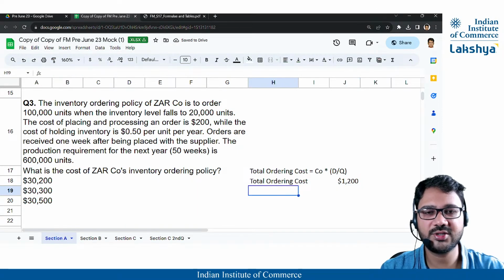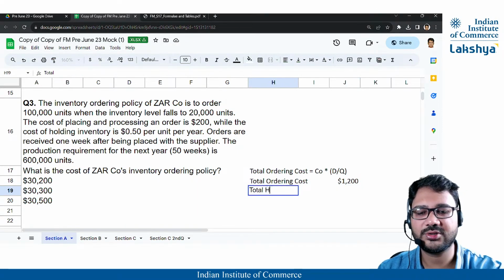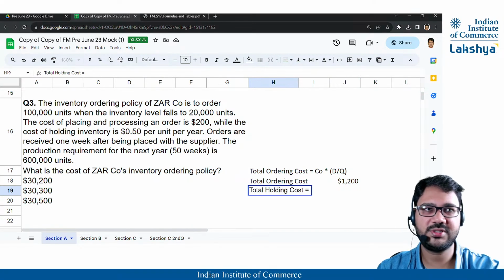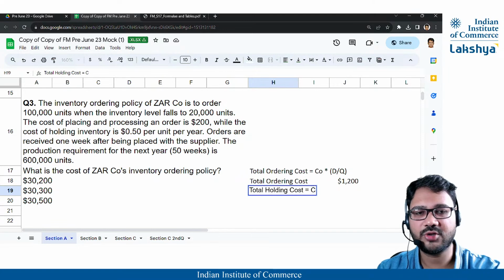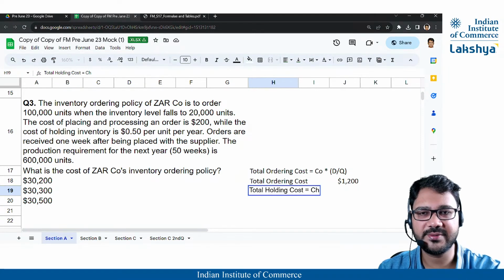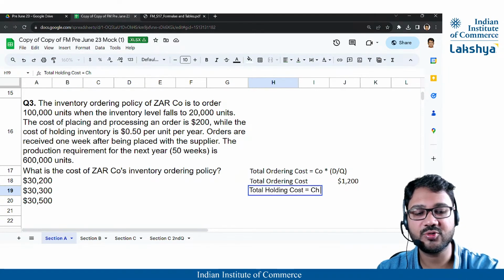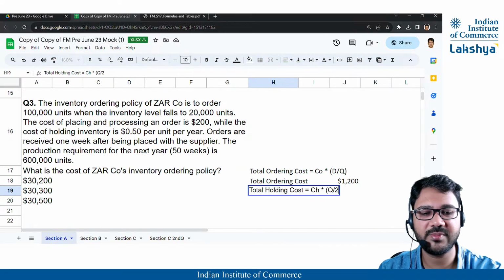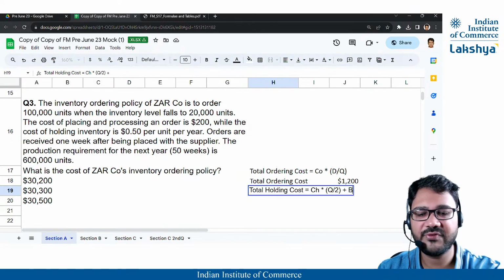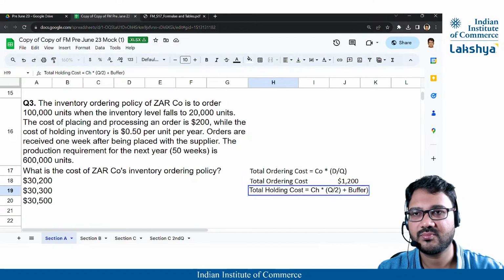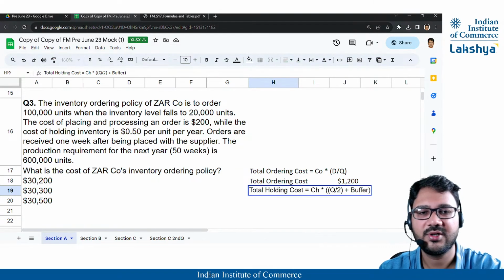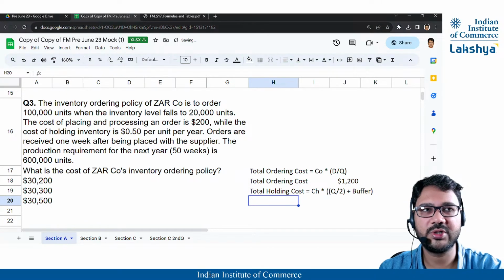Now we need to find the total holding cost. Total holding cost is equal to the cost of holding a unit per annum into average quantity. Now average quantity is Q divided by 2, plus buffer units, if any. This is the formula for total holding cost.